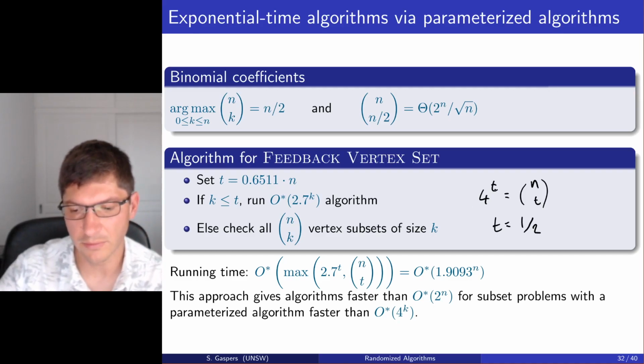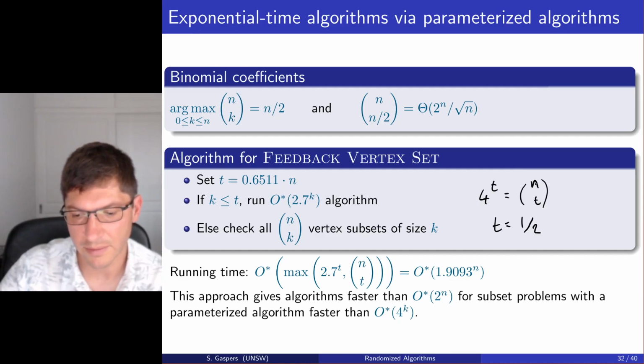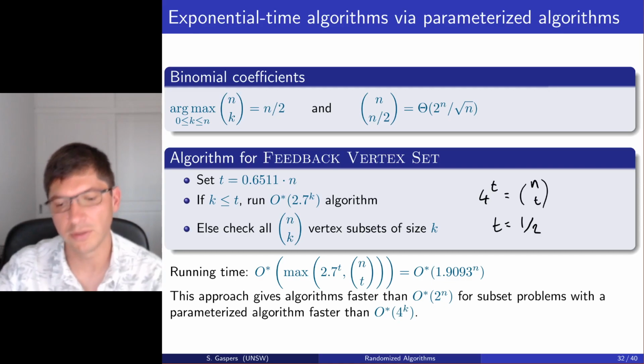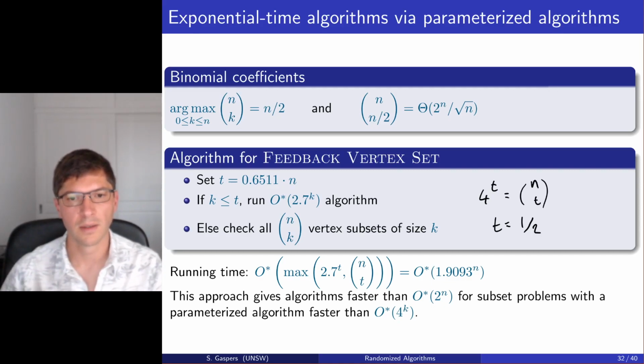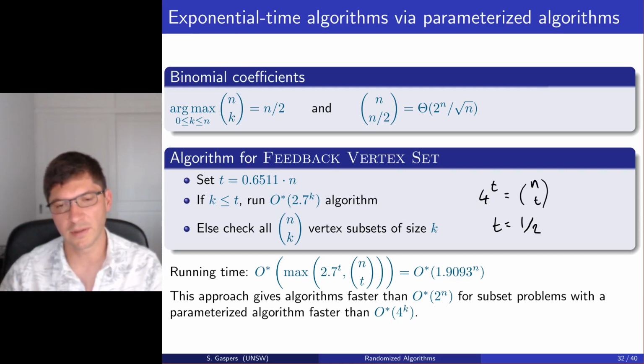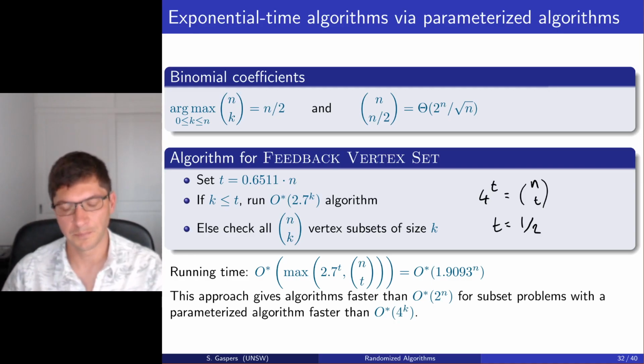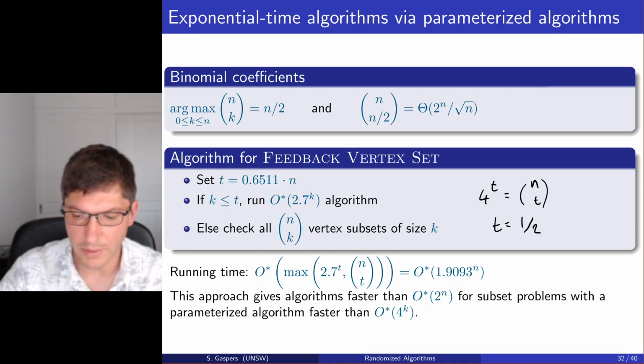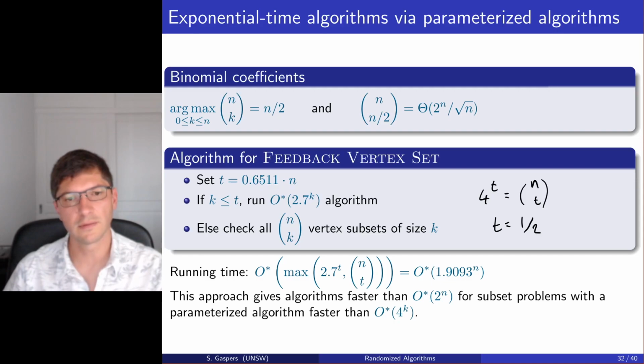Because 4 to the power 1/2 is 2, and here we also get n choose n/2, which is also roughly 2 to the power n. But as soon as we have an algorithm that's faster than 4 to the power k, we get a better exponential time running time.